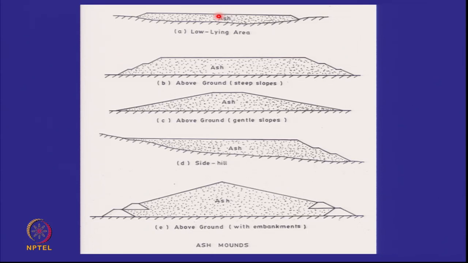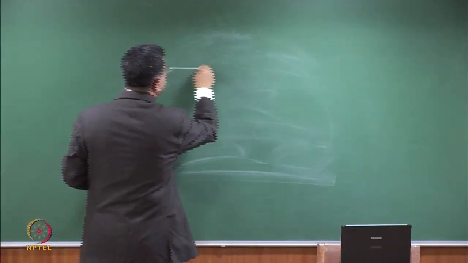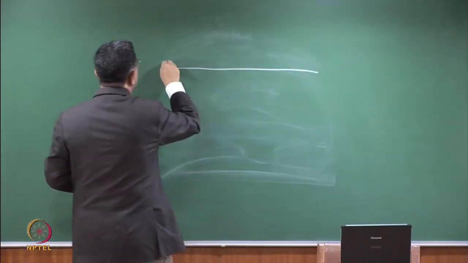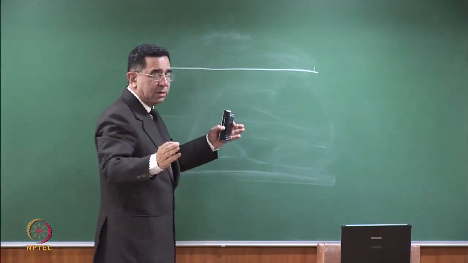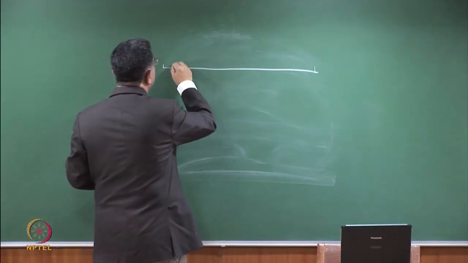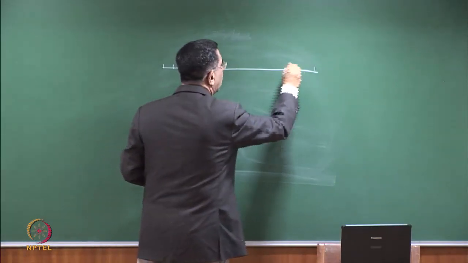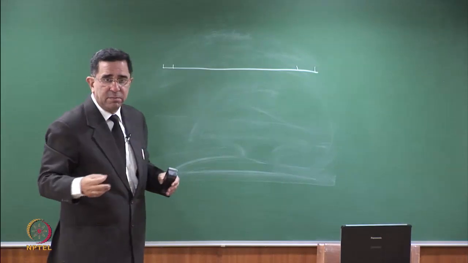Let me just quickly explain this. This was the land which was made available to me. I left some distance at the sides so that I could put a peripheral road, the drains, the green belt and all that.